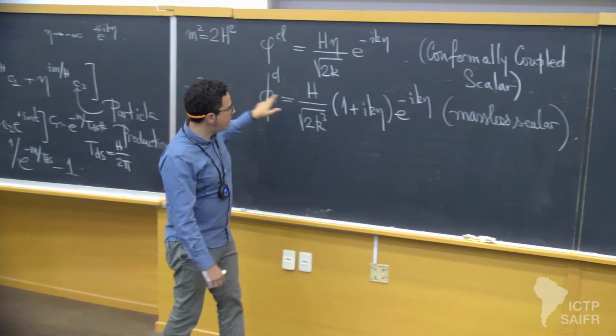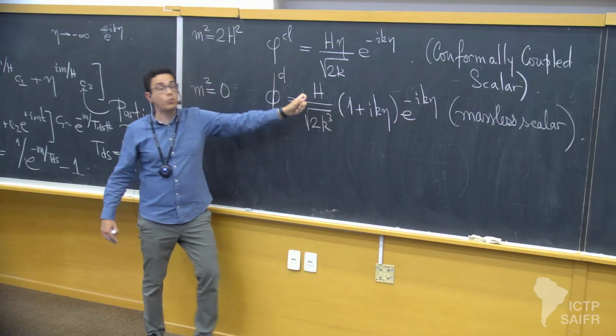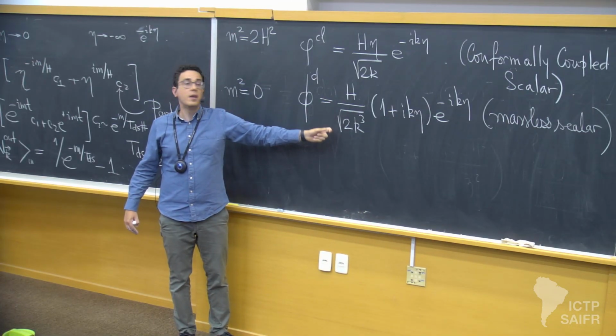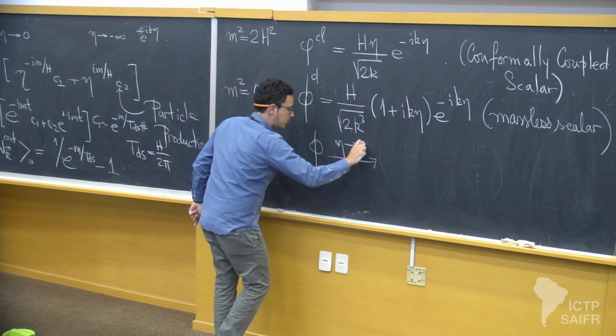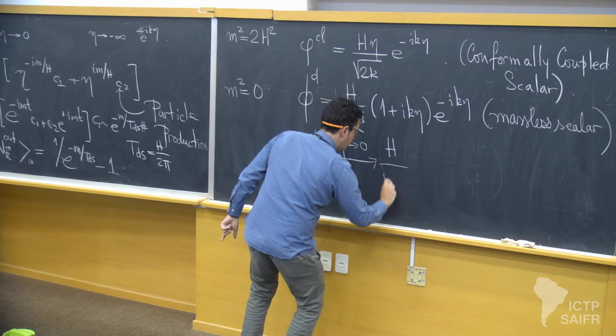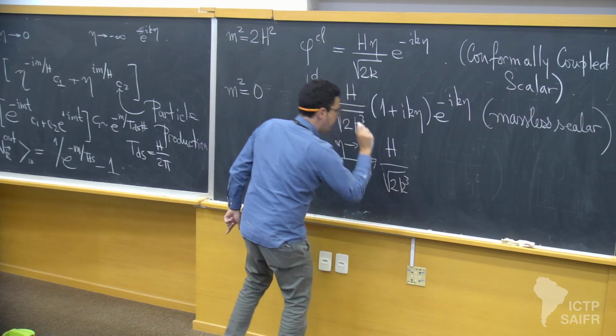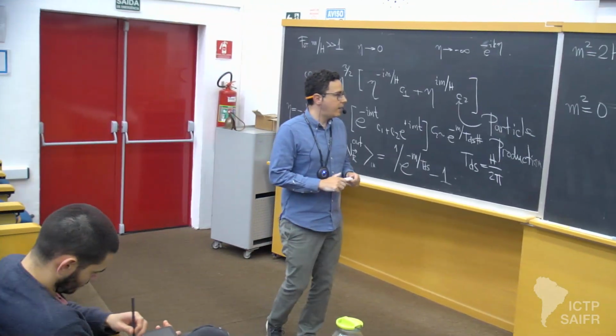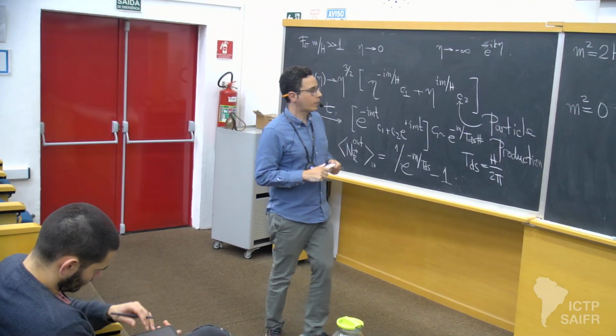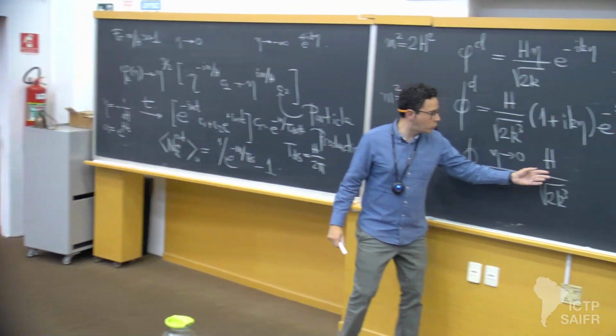Now, this guy here, as eta goes to 0, it goes to h over root 2k cubed. So this is what survives, as phi, as eta goes to 0. So that's the typical size of a fluctuation. This is pretty intuitive, right?